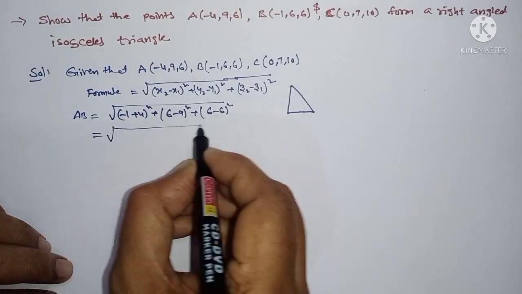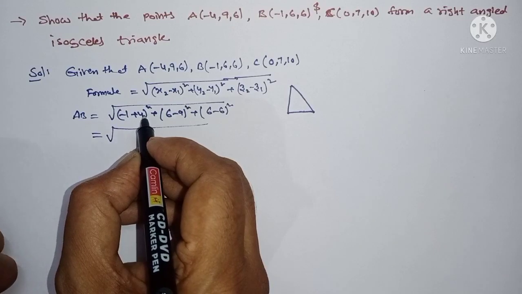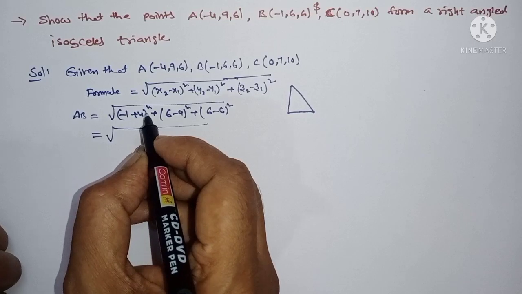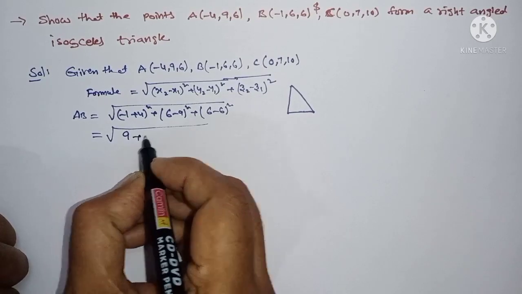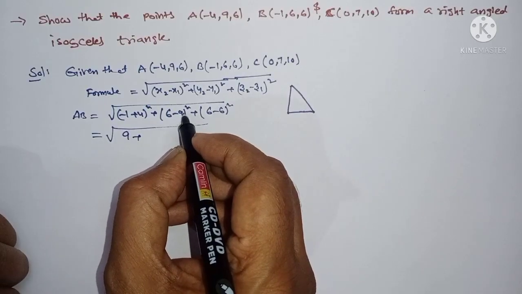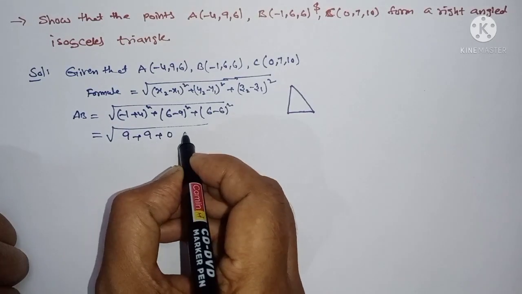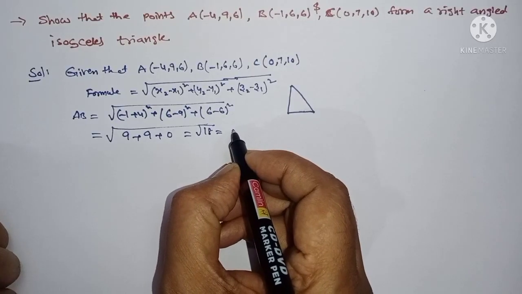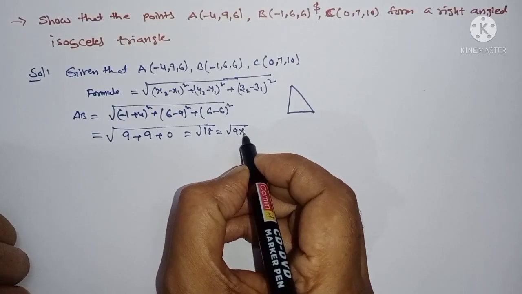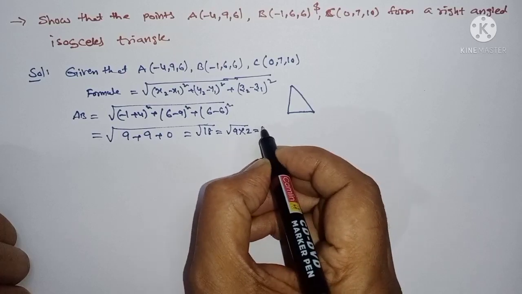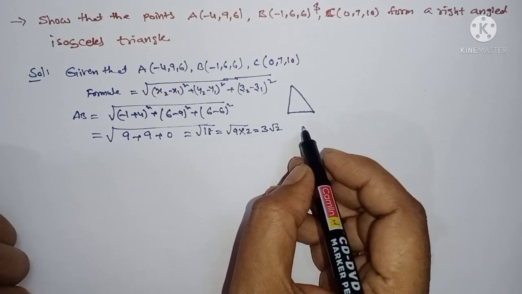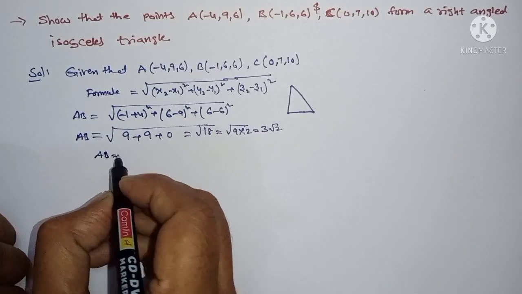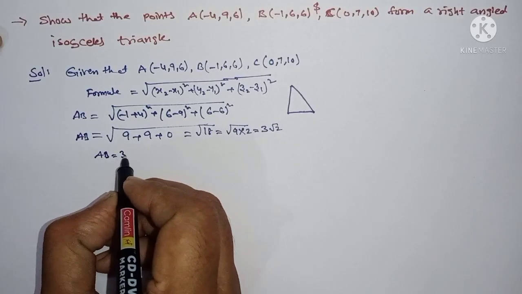Therefore AB square is equal to, minus 1 plus 4 is nothing but 3, square is 9. 6 minus 9 is minus 3, whole square is 9, plus 0, is equal to 18. I can write 9 into 2, root 9 is 3, so AB is equal to 3 root 2.